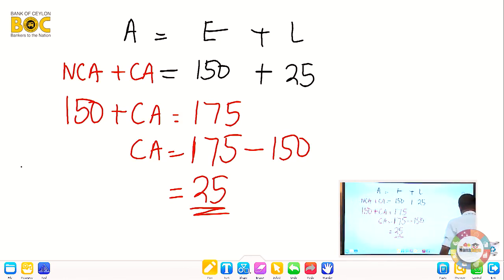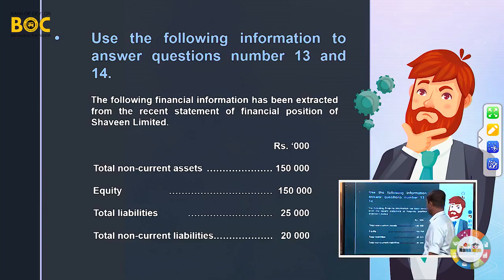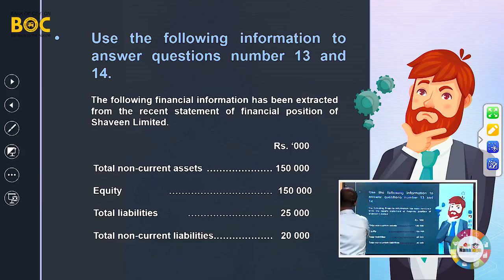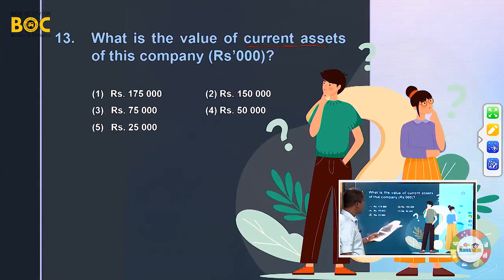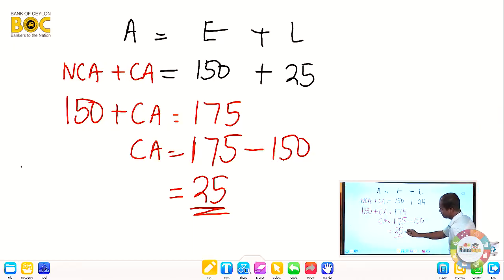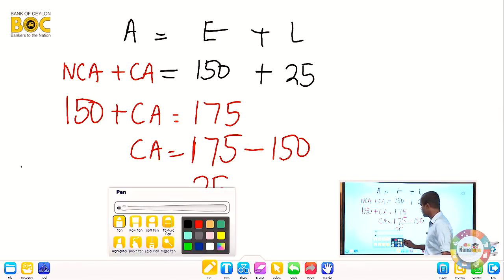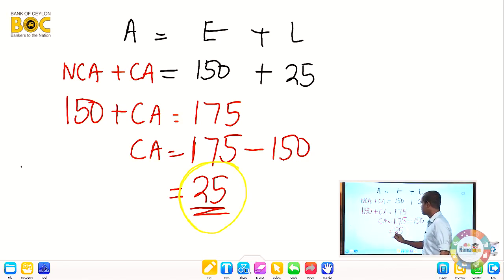We'll go back to the question now. What's the value of current assets? We found it using the basic accounting equation: the current assets value is 25 million rupees.